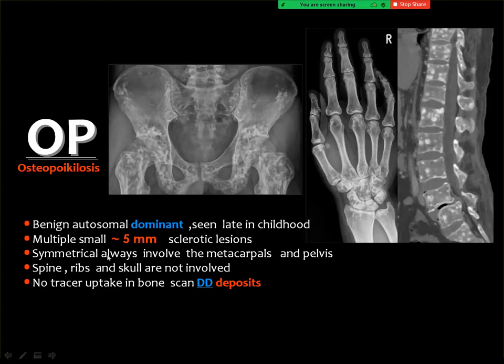You got multiple small sclerotic lesions in the range of 5 millimeters in diameter, and they do not show significant uptake in bone scan, and this can easily differentiate these findings from the metastatic lesions. Also, whenever you see lesions peripherally located in the fingers and in the phalanges, you know that metastases are very rare beyond the elbow and beyond the knee.